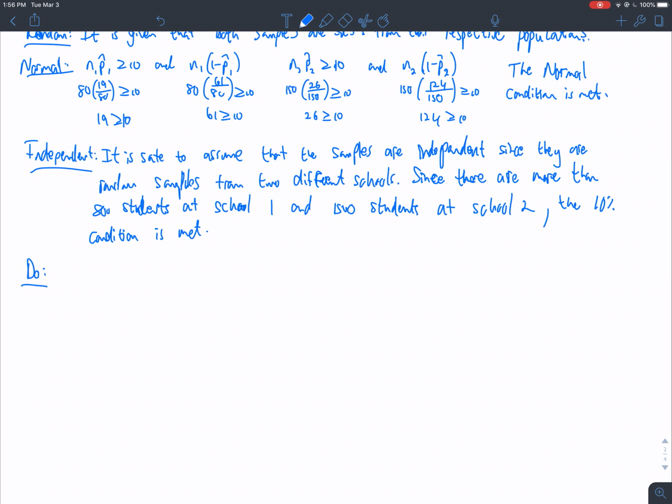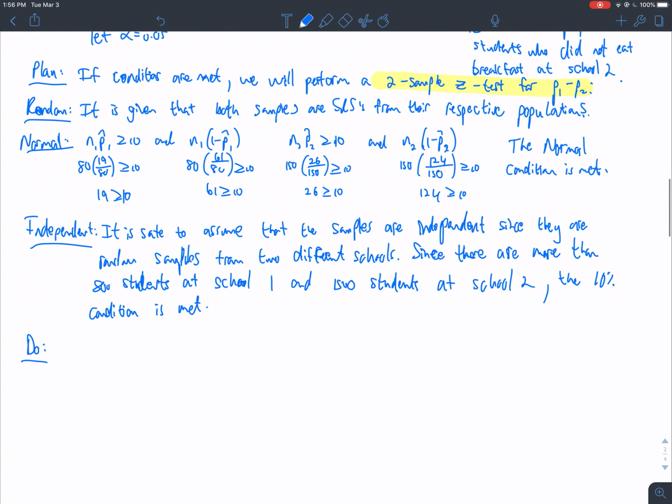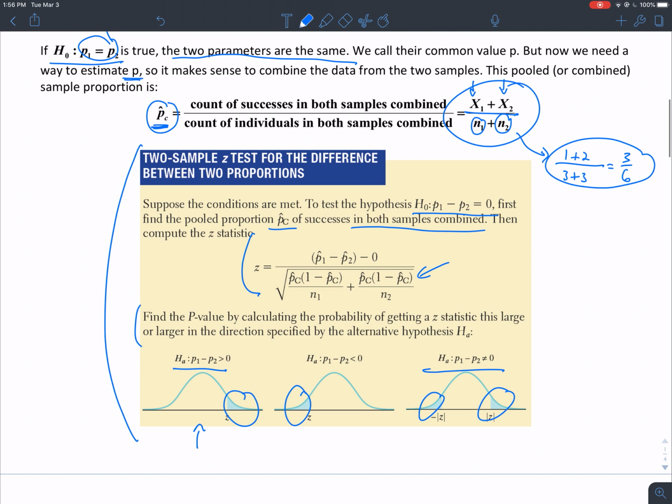All right, now we wrote the proportions there. P hat 1 is 19 over 80. P hat 2 is 26 over 150. Okay, so remember, to do this, we have to calculate p hat sub C, the combined proportion.